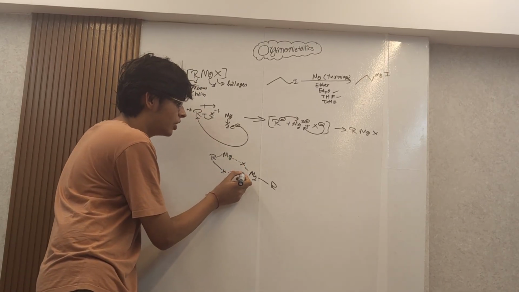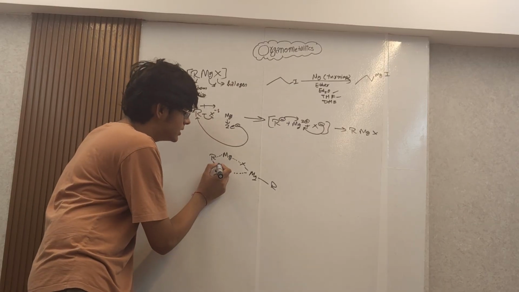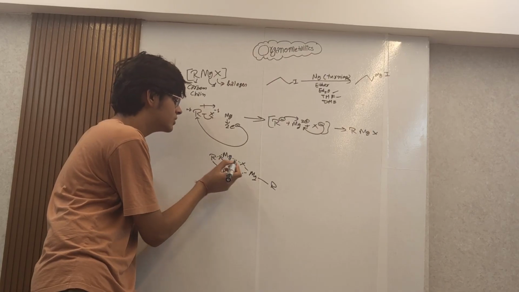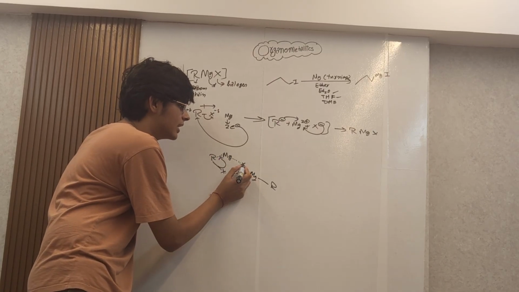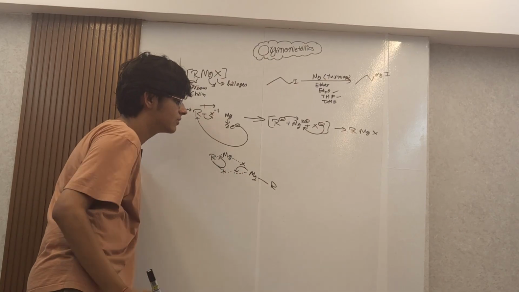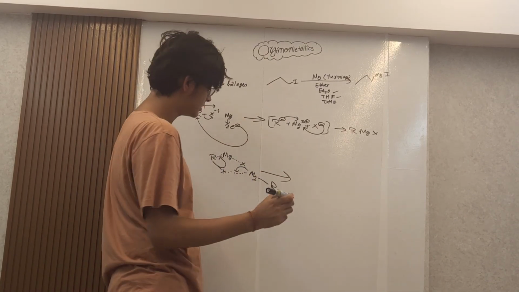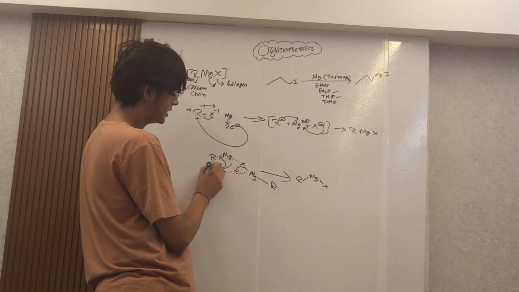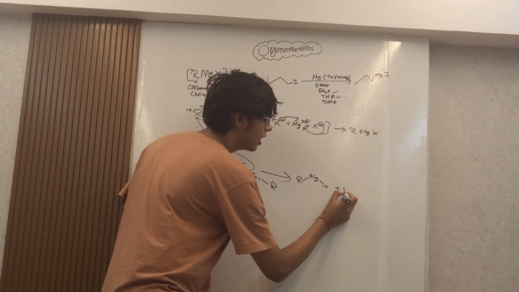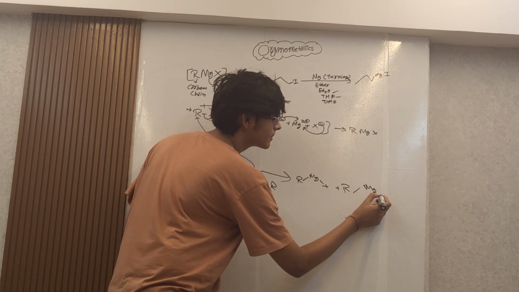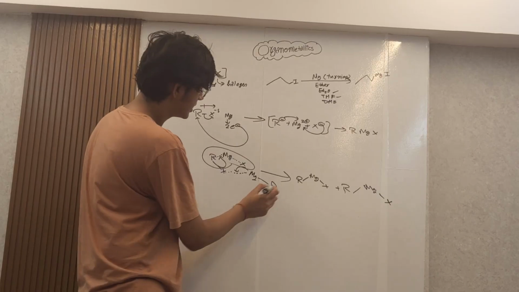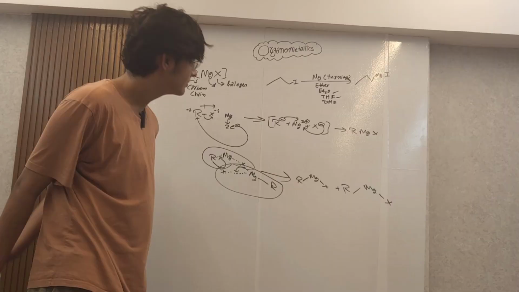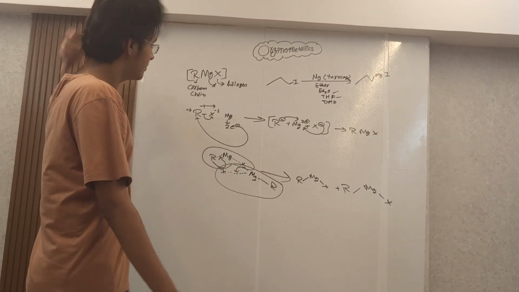The electrons from this R and X bond would transfer to this. The electrons from this X and Mg would transfer to this. What would happen then? Well, as you might have guessed it, we would have RMgX because of this, and another RMgX because of this. Oh my god, my handwriting is beautiful. So it catalyzed its reaction.